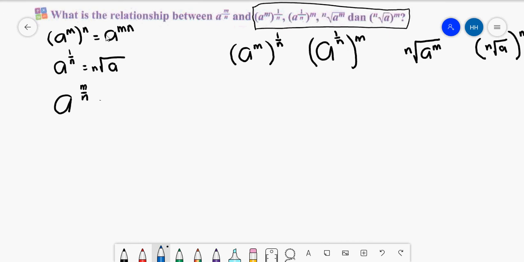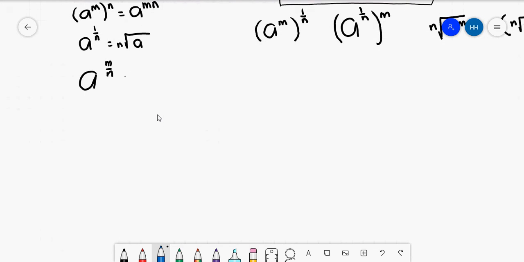Using the concept of fractions, m over n is equal to m times 1 over n. Or we can write it like this, 1 over n times m.